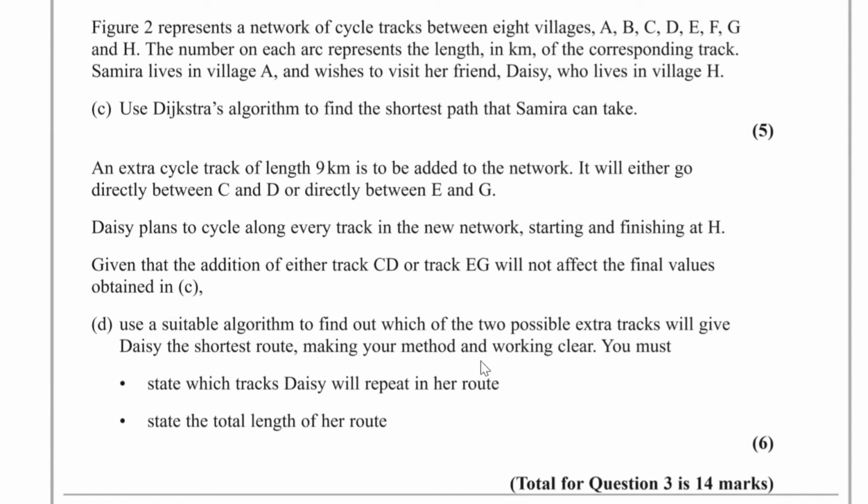Making a method and working clear, you must state which tracks Daisy will repeat in her route, and we have to state the total length of her route.